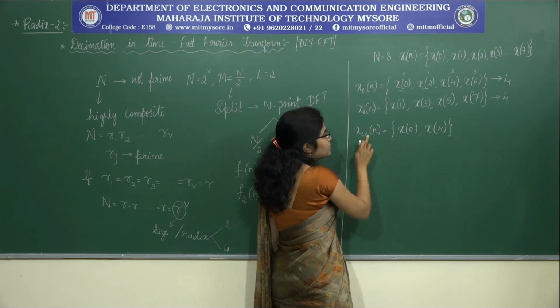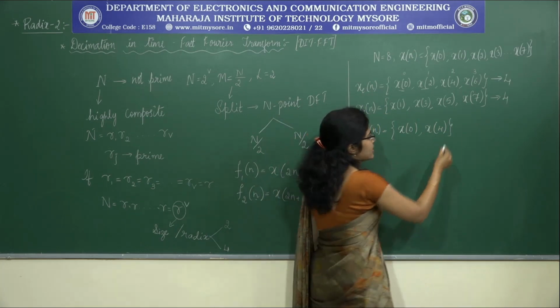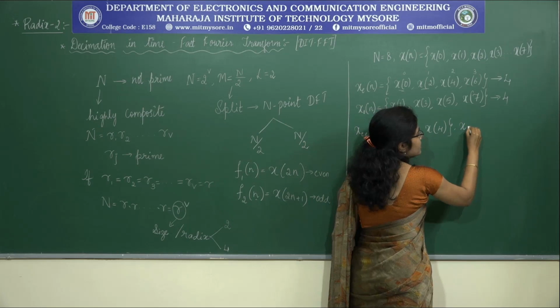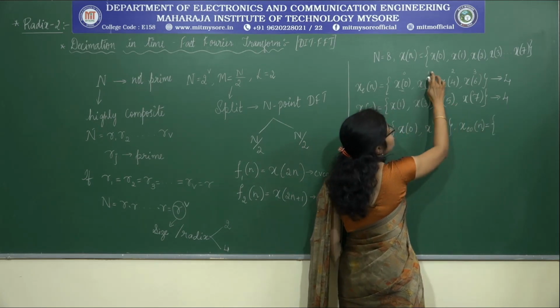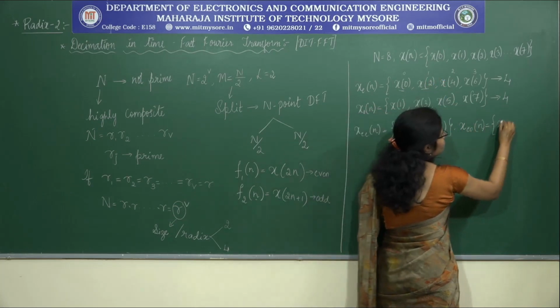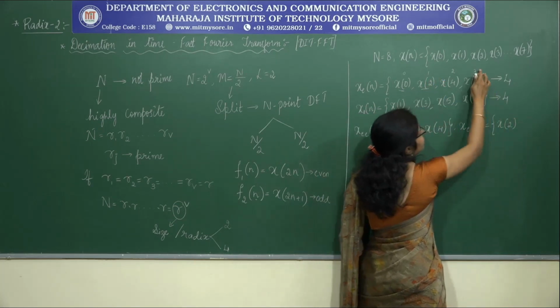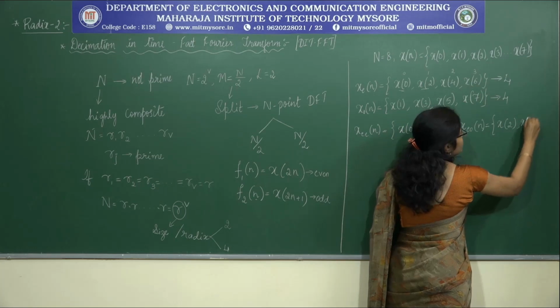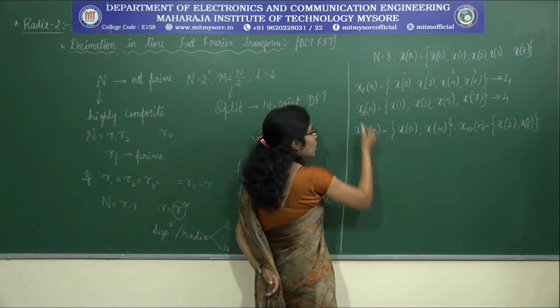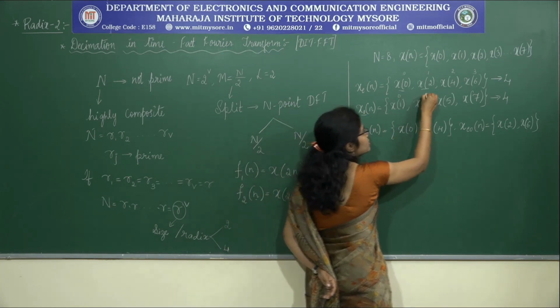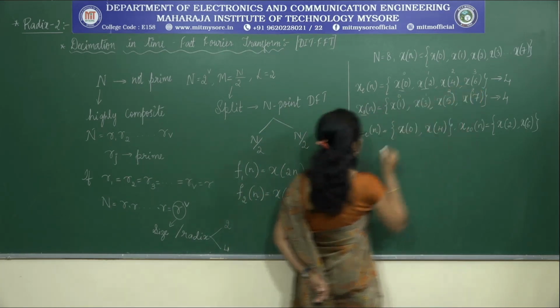In even number, let me search for odd indexed samples, that is x even of odd of n. So which are those? So indexing 1 is given to x of 2 and indexing 3 is given for x of 6.